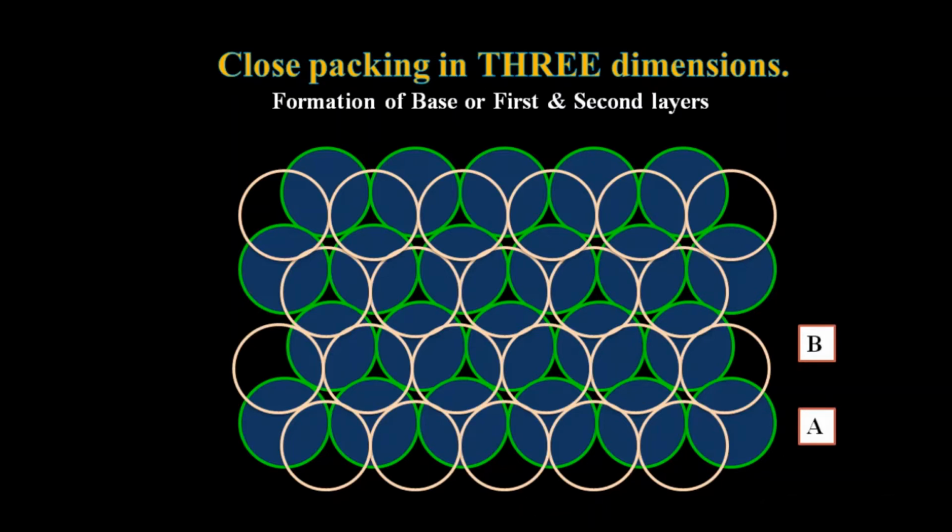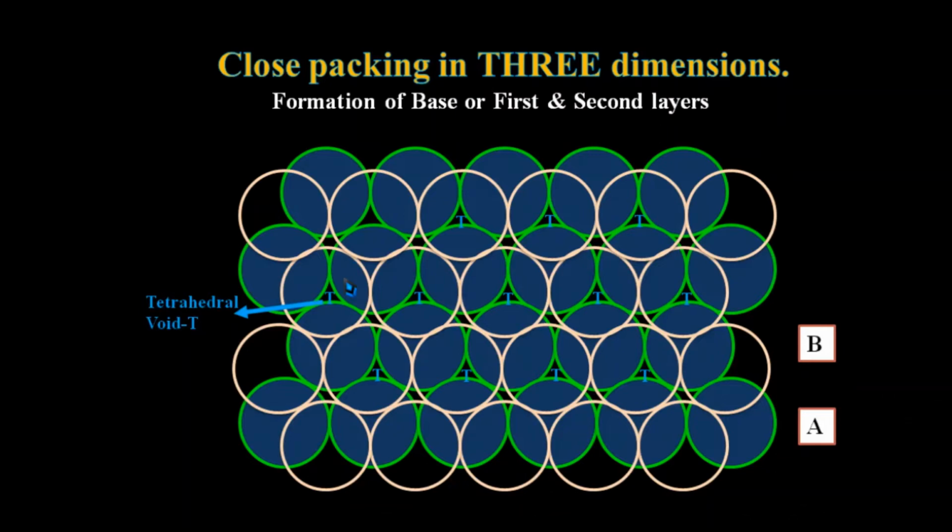Whenever a sphere of the second layer is placed above the void of the first layer, the void which is formed is called a tetrahedral void. That means this void is called the tetrahedral void. This void is formed because of three spheres from the base layer, above which a fourth sphere of the second layer is placed.